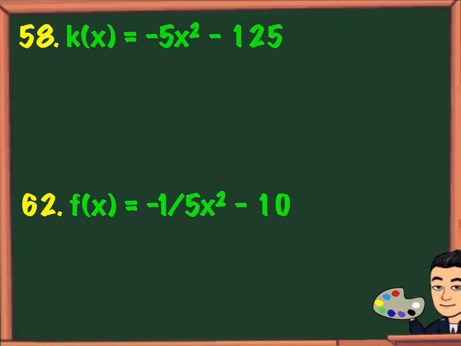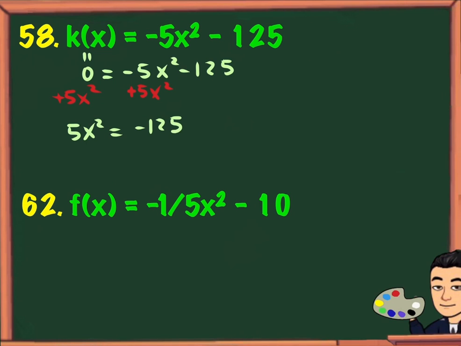Okay, here we are given functions. So in order to find the zeros for number 58, let's go ahead and set k of x equal to 0. So 0 is equal to -5x squared minus 125. So what I'm going to do is add 5x squared on both sides. So I have 5x squared equals -125.